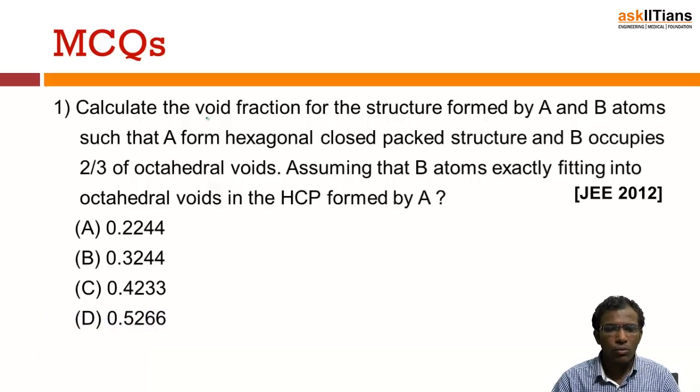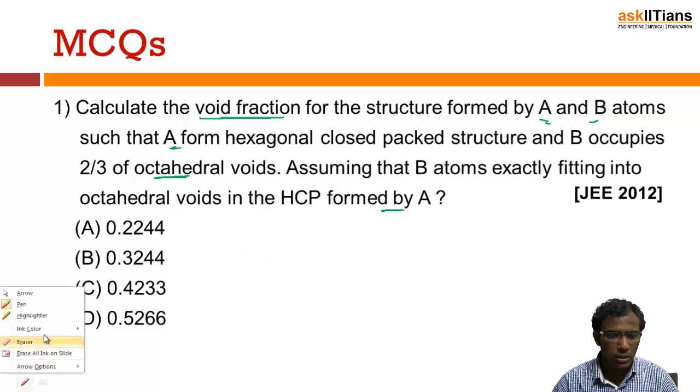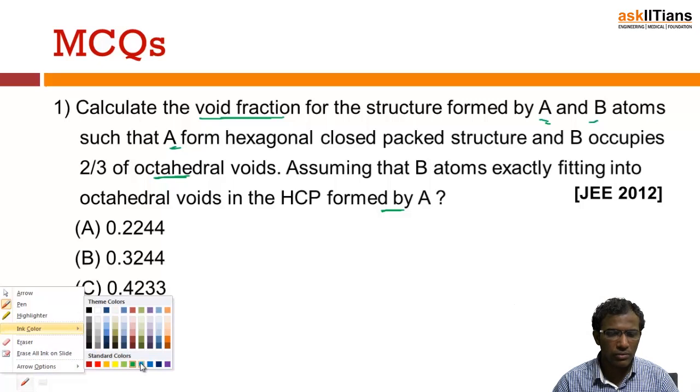Calculate the void fraction for the structure formed by A and B atoms such that A forms HCP structure and B occupies 2/3 of octahedral voids, assuming that B atoms exactly fit into the octahedral voids in the HCP formed by A. Though the question seems lengthy, it is an easy question, not a difficult one.